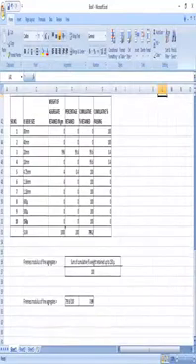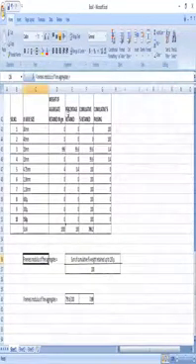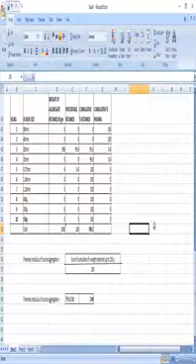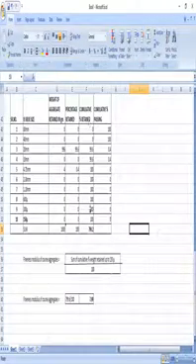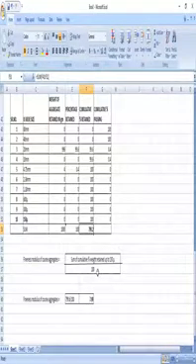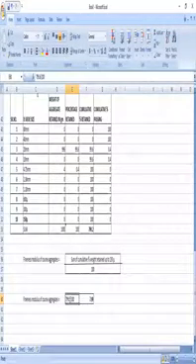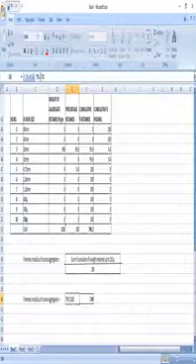Then to calculate the fineness modulus of aggregate, the formula is: fineness modulus equals the sum of cumulative percentage weight retained up to 150 micron divided by 100. So 799.2 divided by 100 gives 7.99. It is the fineness modulus of the coarse aggregate.